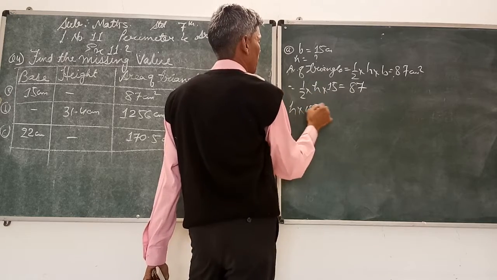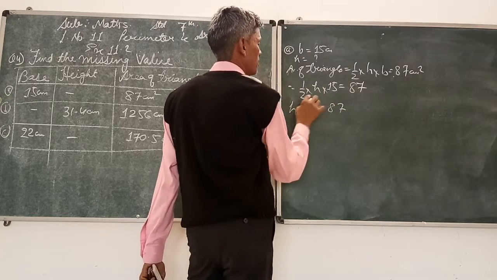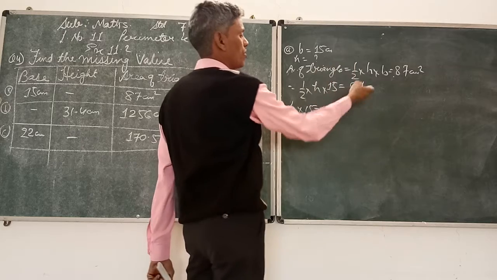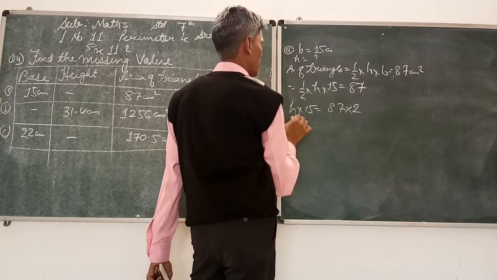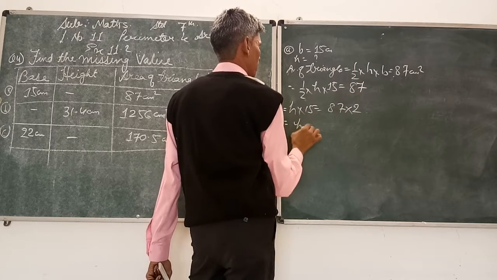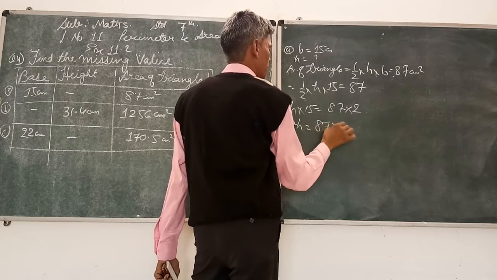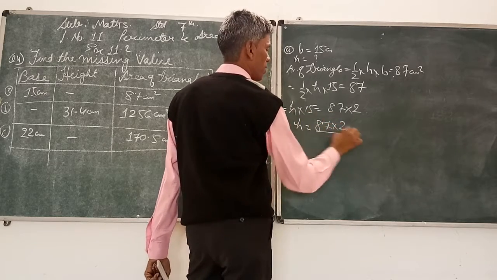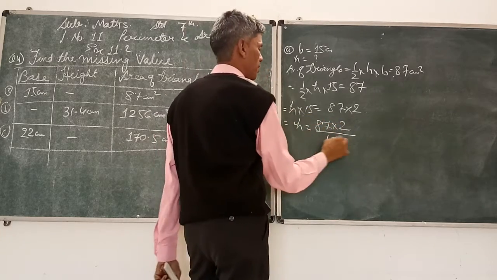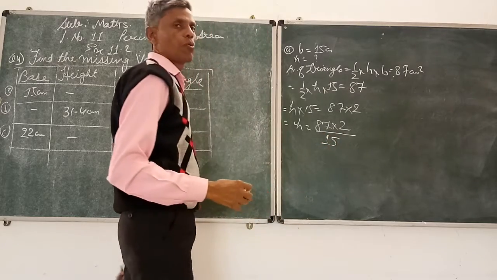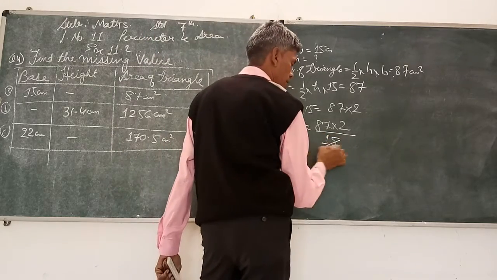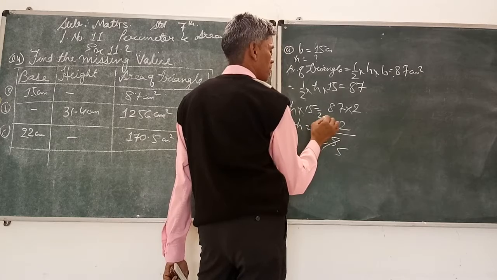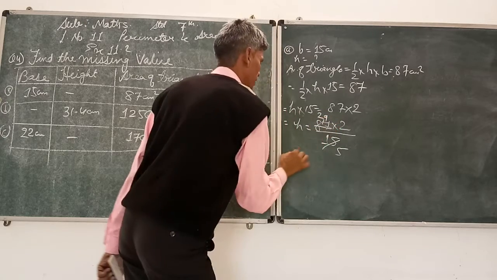H into 15 is equal to 87. This 2 is in the denominator, as it goes to the other side, it will multiply. Therefore it becomes 87 into 2 upon 15. Now we have to divide it by 3. 3 5s are 15, 3 2s are 6, 3 9s are 27.